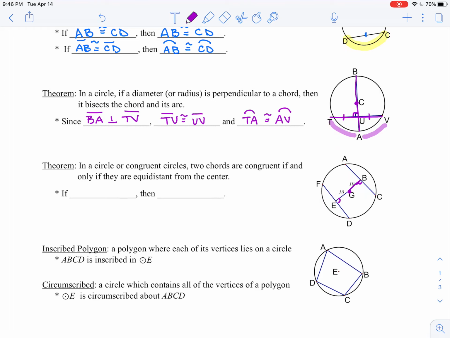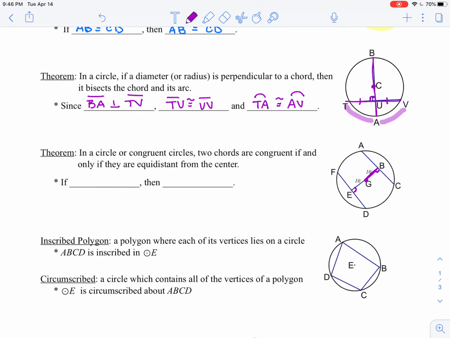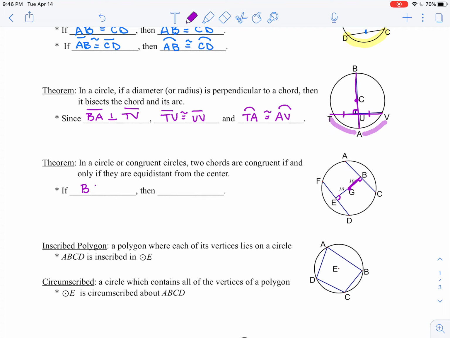So GB represents the distance to chord AC, and GE represents the distance to chord FD. Since BG and GE are the same size, the chords AC and FD must be congruent.